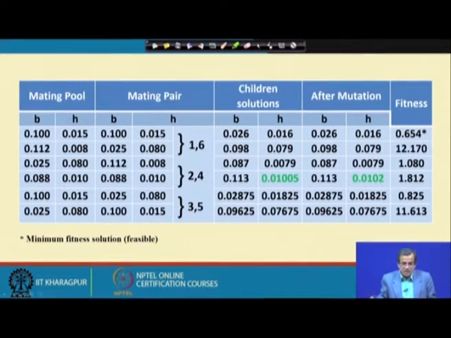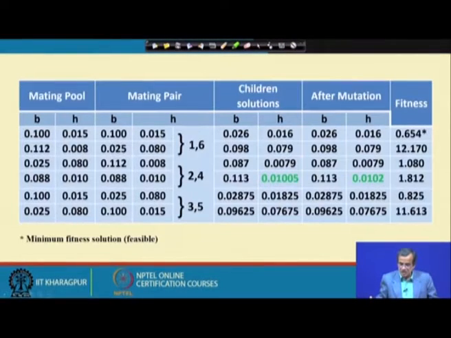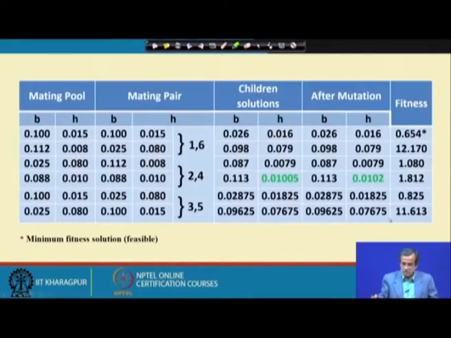Now, let us see what was the situation in the initial population. In the initial population, this was the best solution 1.383, the best feasible solution was this. Now, after the first generation, let us see the better solution, that is 0.654.